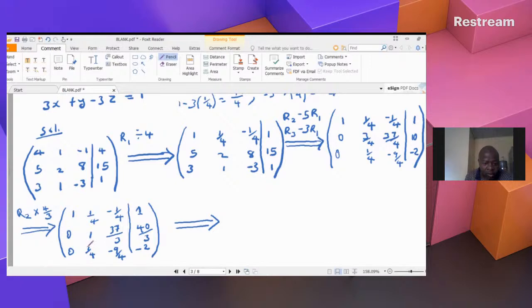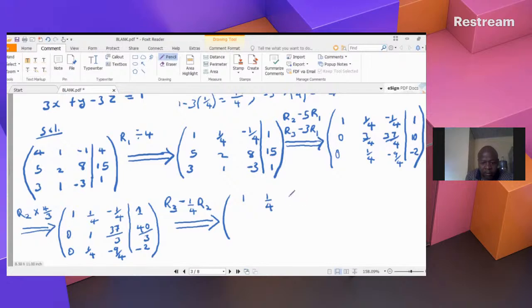I want to get a 0 in this position, and for me to do that, I need the new row 3 to be the old row 3 minus a quarter multiplied by row 2, because the one created is in row 2. The first row remains where it is because we are not touching it.